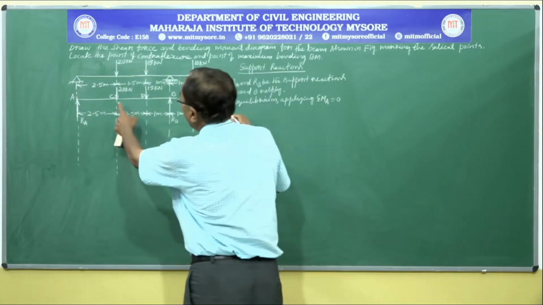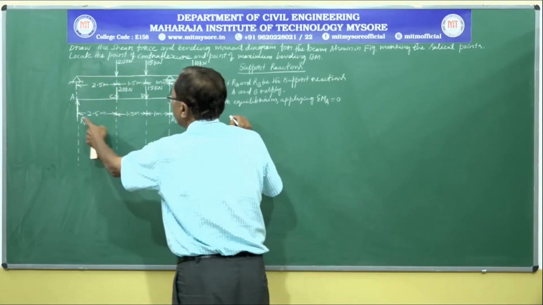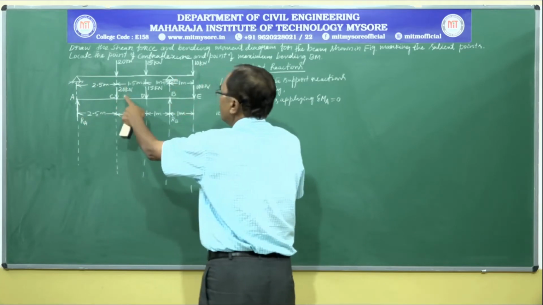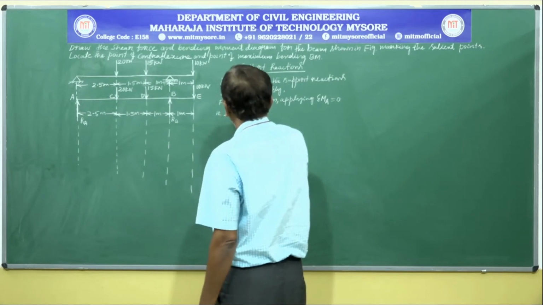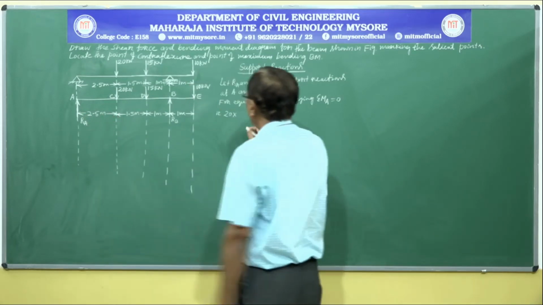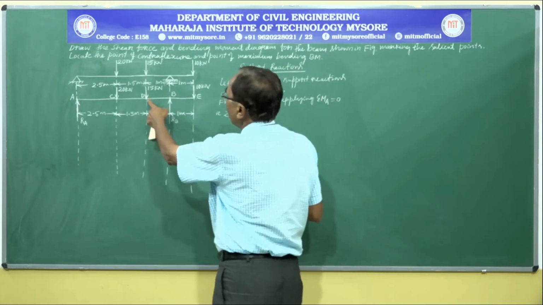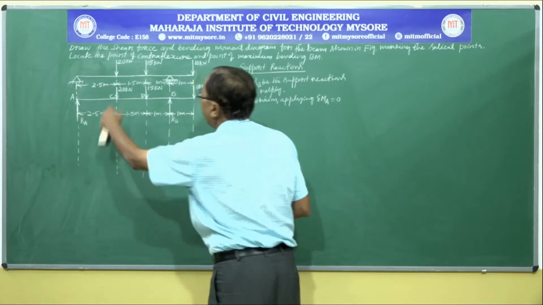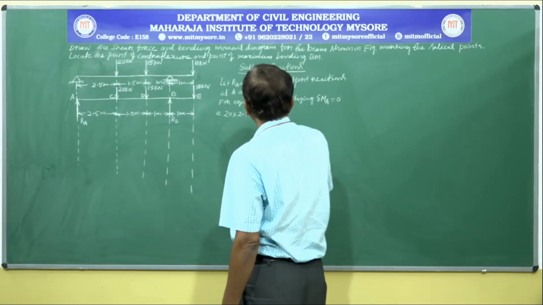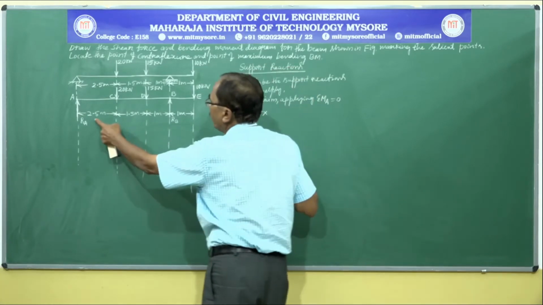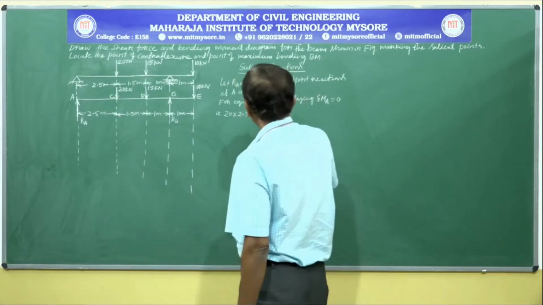That is, this 20 kilonewton force will rotate the beam in the clockwise direction and its perpendicular distance is 2.5. Since it is creating a clockwise moment, it is positive: 20 into 2.5. Next, this 15 kilonewton will again create a clockwise moment about point A, plus 15 into 2.5 plus 1.5, that is 4 meters.